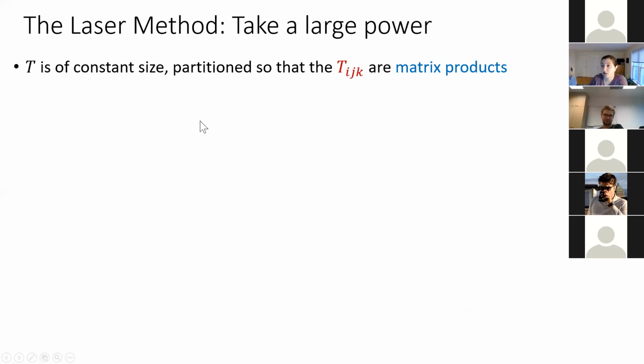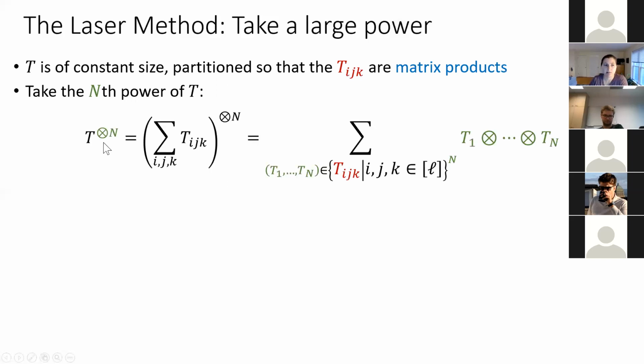It actually takes a huge tensor power. So T is some constant size tensor, and you partitioned it so that the tijk's you got are matrix products. Then you take the nth power of this tensor. T is a sum of tijk's. You take the nth power.